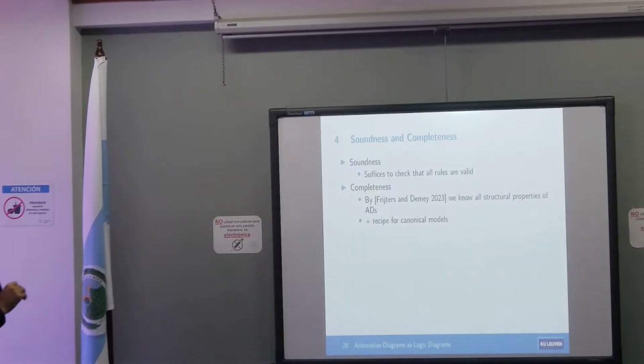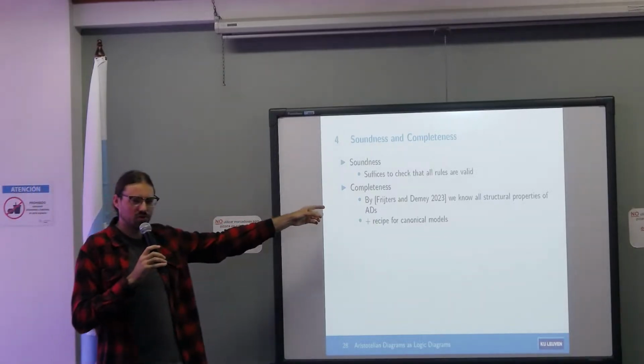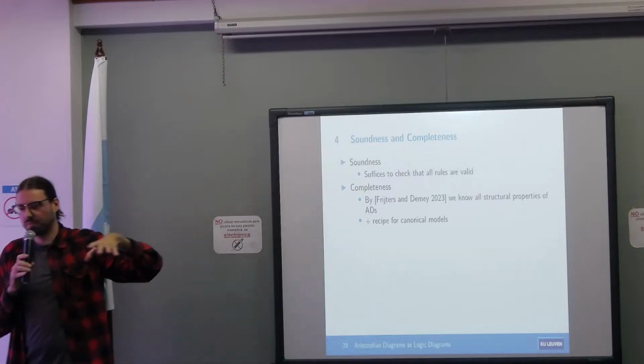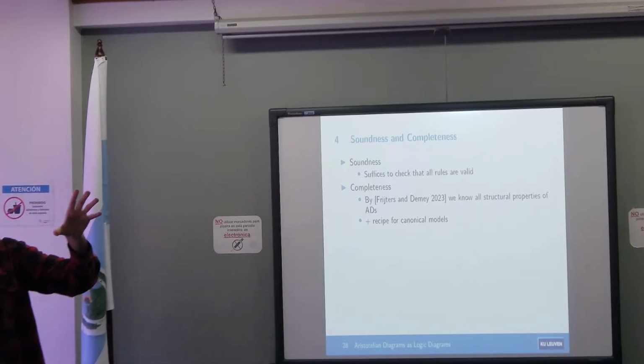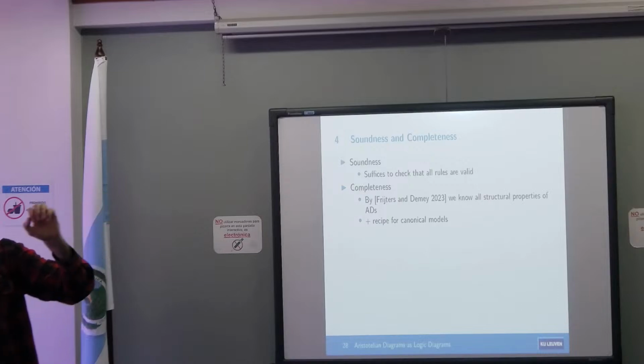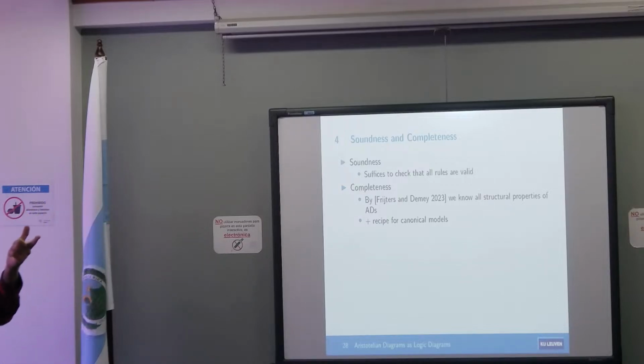Let me just briefly say that this paper also gives you a recipe: if you have an Aristotelian diagram, then from this diagram you can always give a logic and a fragment of the language of that logic that will make this Aristotelian diagram meaningful.